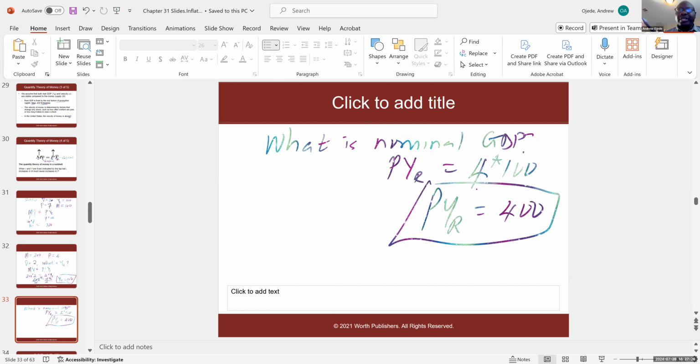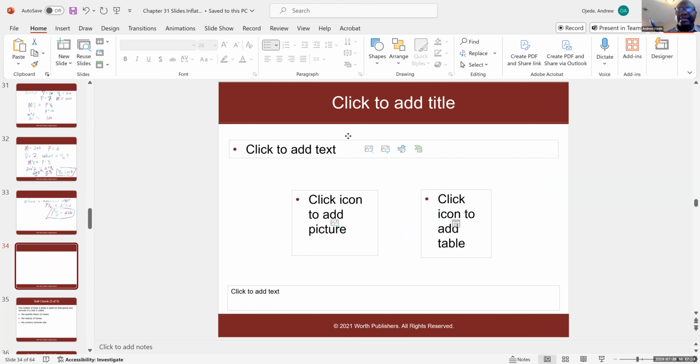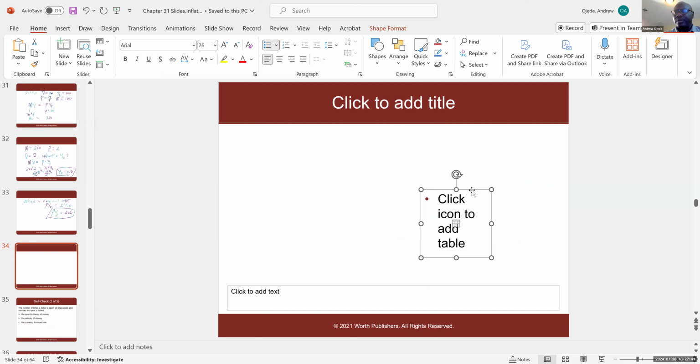Now I want to share with you how this simple model predicts. When you hold velocity and real GDP constant, an increase in money supply is going to lead to a proportionate increase in price.